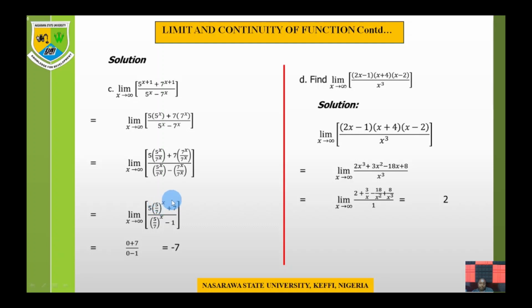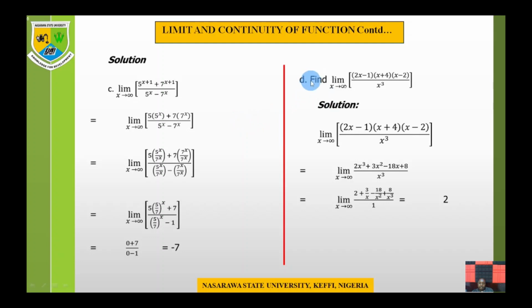So as x approaches infinity, the value will become smaller and smaller and approach 0. So the limit is 0, and also this one will approach 0. So at the end of the day, you are going to have the numerator as 0 plus 7 all over 0 minus 1, and when you simplify, the final answer will become minus 7.